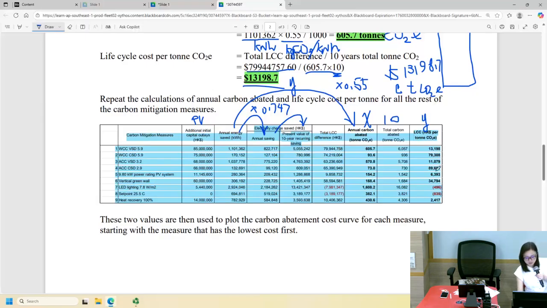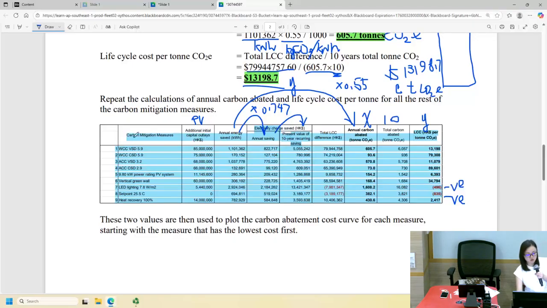For some of the strategies, like number 7 and number 8, they are negative values. Negative value means that you don't need to pay for the strategy. You can even have profit by implementing those measures.